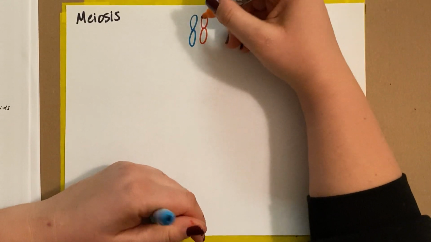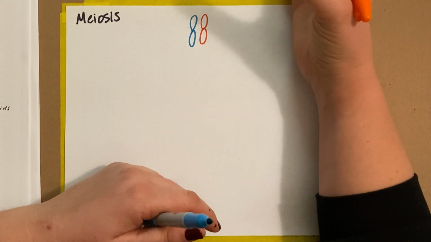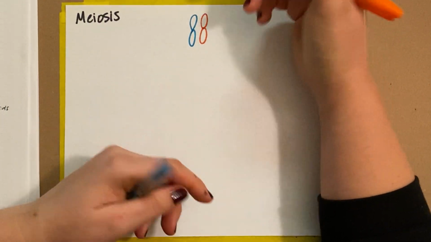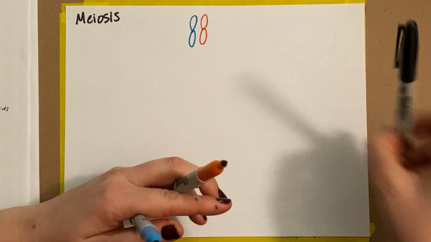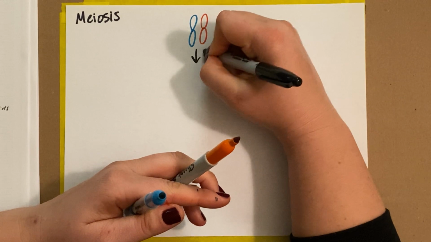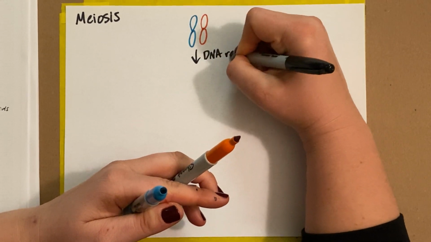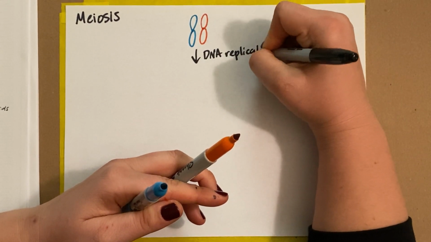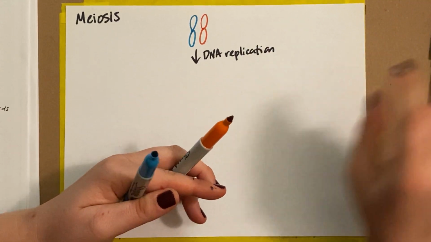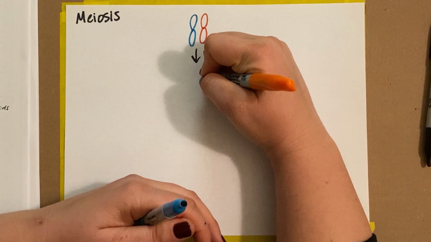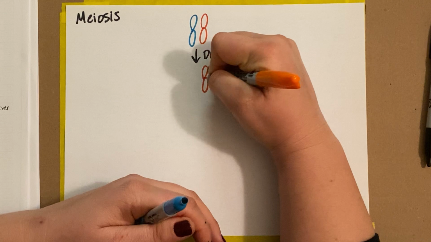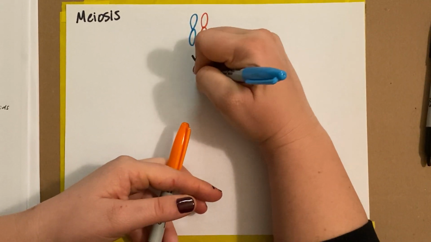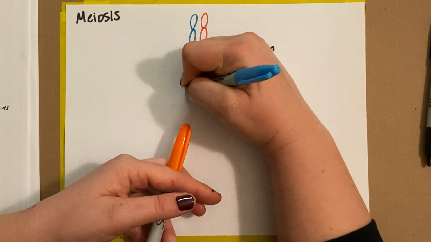Now just like in mitosis, we're going to have DNA replication take place. And in that process, each of the homologous chromosomes is going to have a sister chromatid that forms.